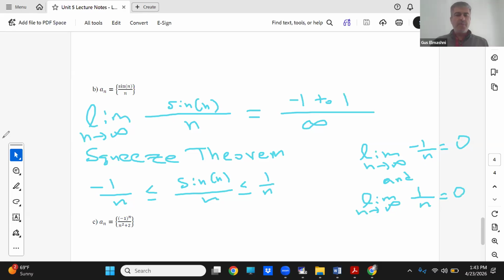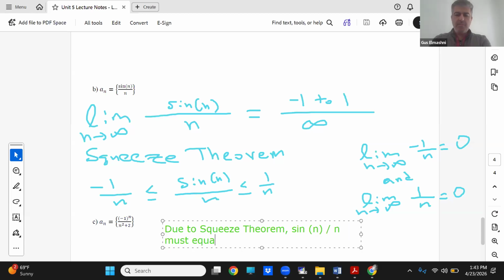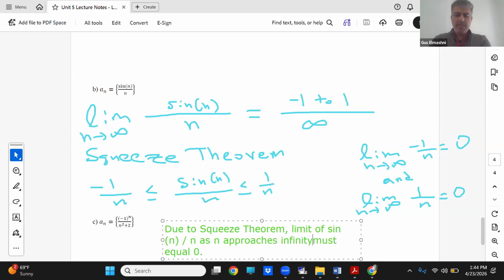So we make our statement. Due to squeeze theorem, the limit as n approaches infinity of sine n over n must equal 0.